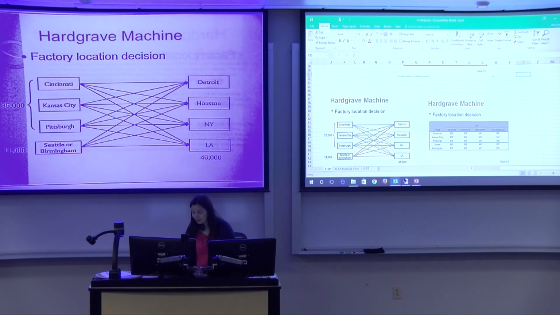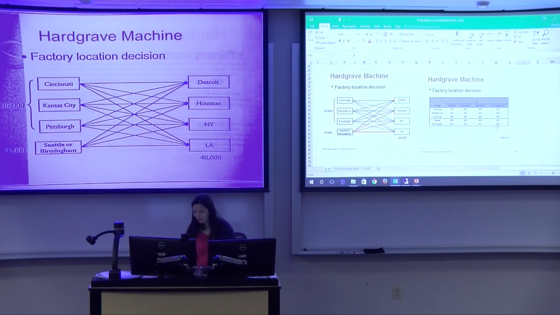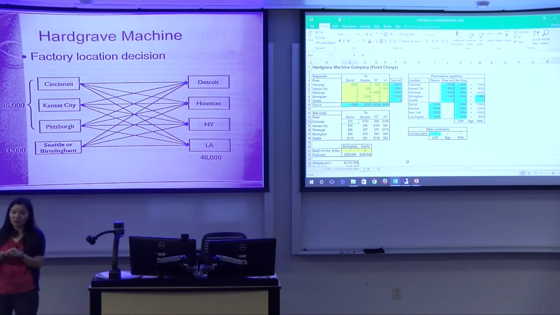But then here, this is the production cost, right? The Cincinnati is $48. So you are adding $48 for the first row. So 48 plus 25, 48 plus 55. In other words, this cost includes the shipping and the production cost.